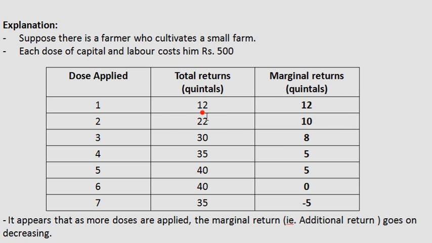As we increase one variable input in a particular production activity and other inputs are held constant, the marginal returns, or the additional output received from that additional increase in that input, eventually start declining.